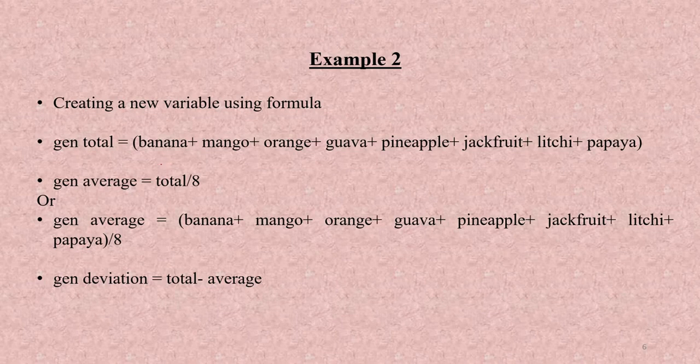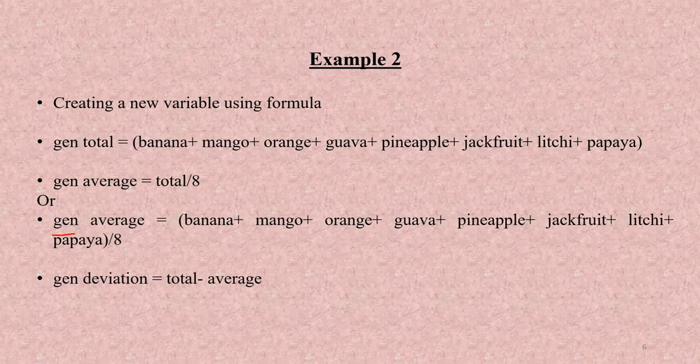Now suppose we need to calculate the average area under all these 8 fruits. So for this purpose, we again type generate, then space, name the new variable, suppose, as average, again space, equal sign, space, start a bracket, select all these old variables, means all these 8 fruits, and put a plus sign in between them like banana plus mango plus orange and so on.